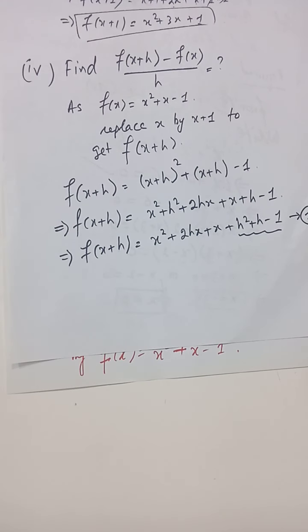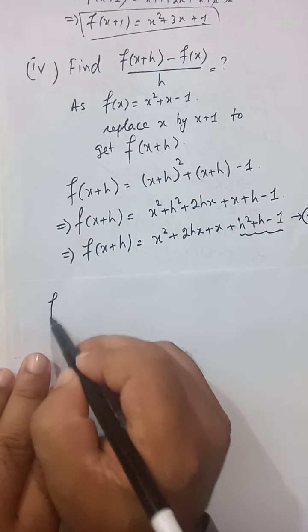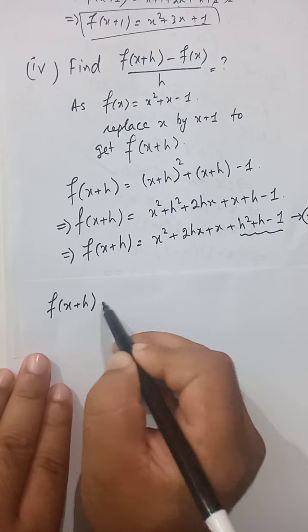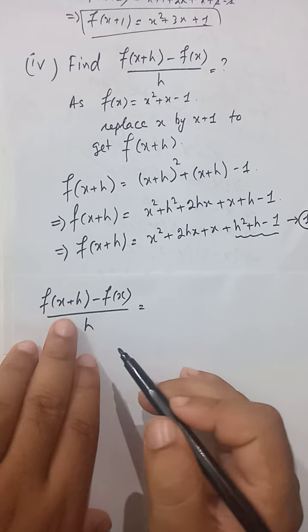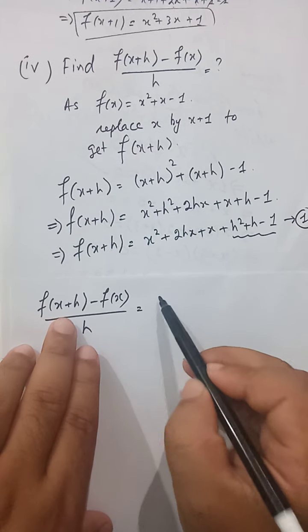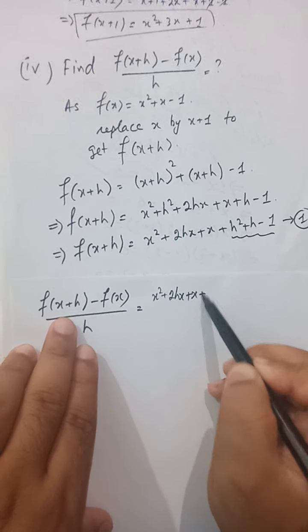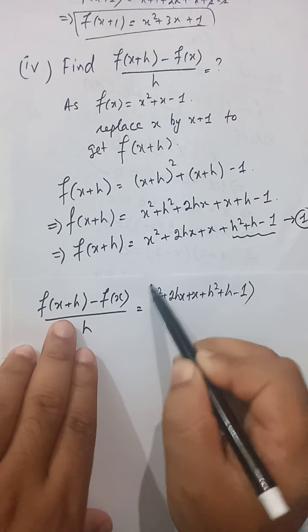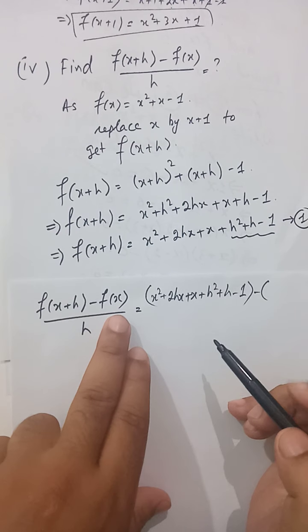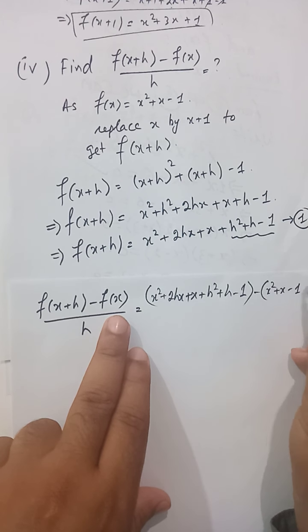Now to calculate f of x plus h minus f of x divided by h, in place of f of x plus h, I am writing x square plus 2hx plus x plus h square minus plus h minus 1, minus f of x. So f of x is equal to x square plus x minus 1, divided by h.